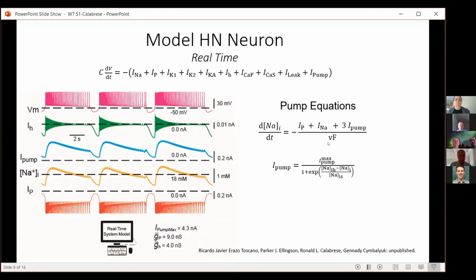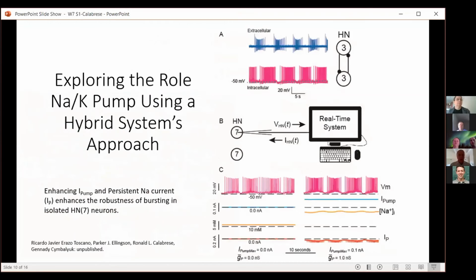All right, so now what this inspired Ricardo to do is to try to restore robust bursting to isolated heart interneurons.